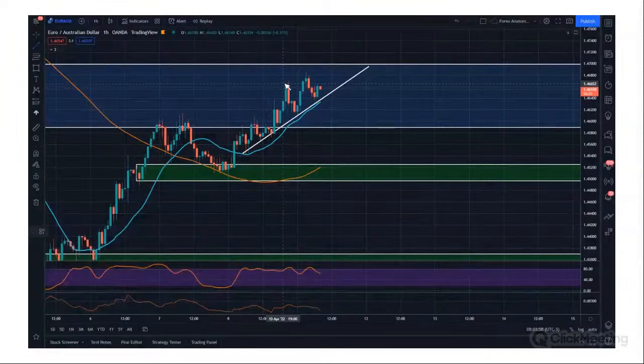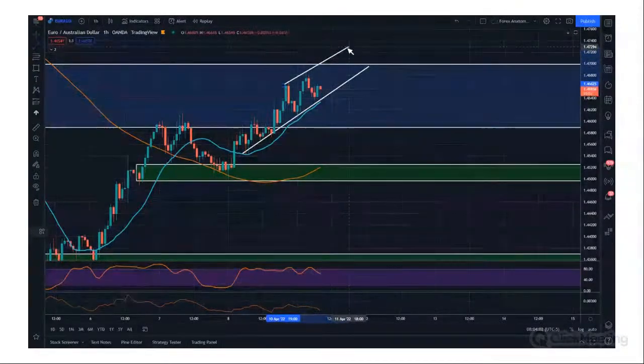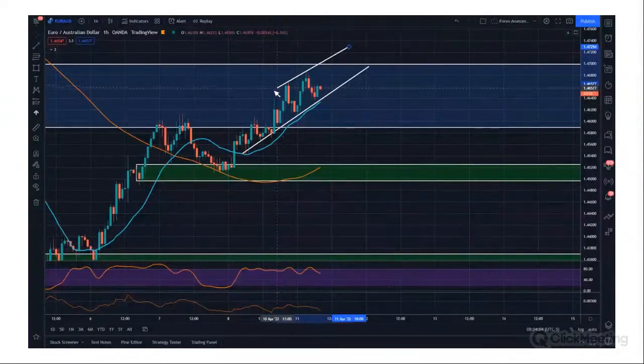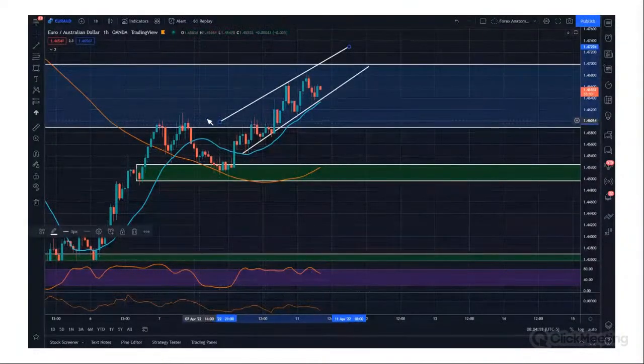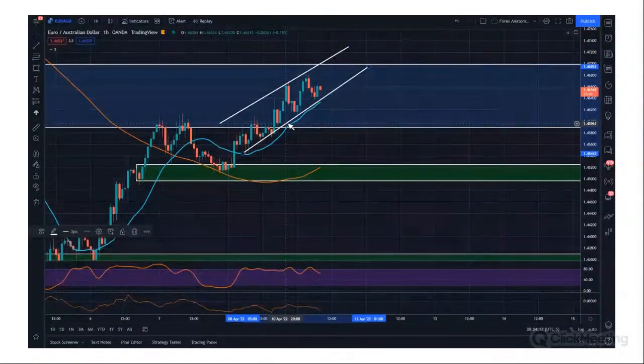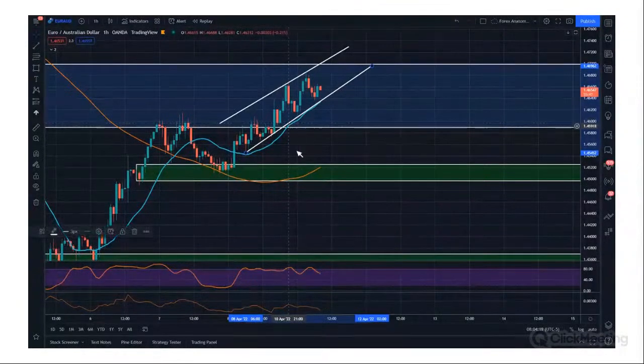So then, just for the sake of this, let me see if I can drag this down right here. But yeah, you guys get the point. It's not perfect, but it does its job okay. So yeah, we see that price is in the middle of this topping, this consolidation, this channel to the upside.